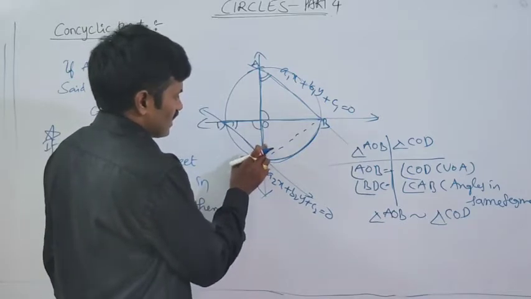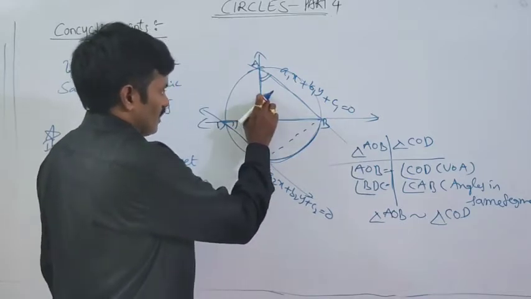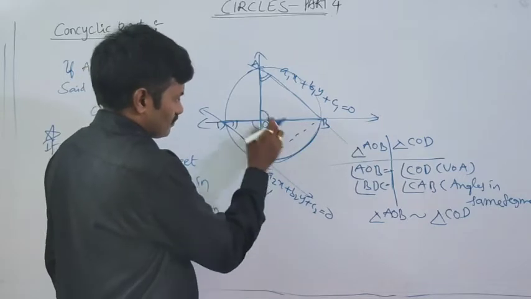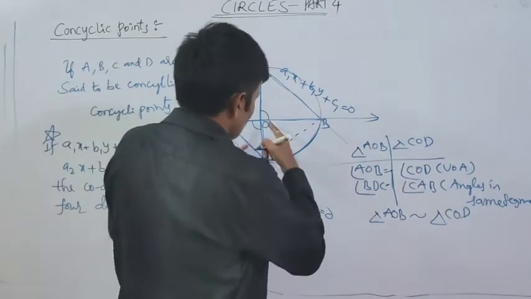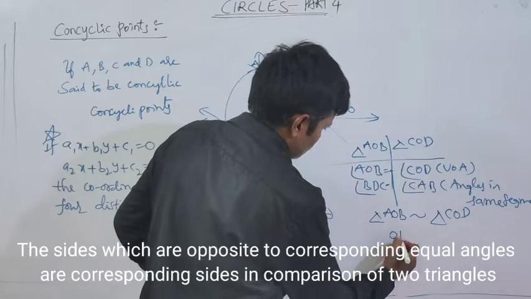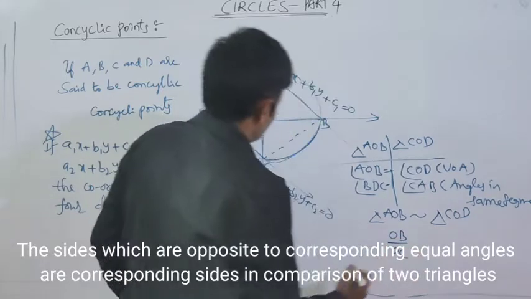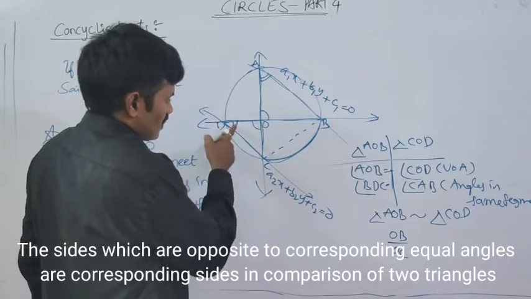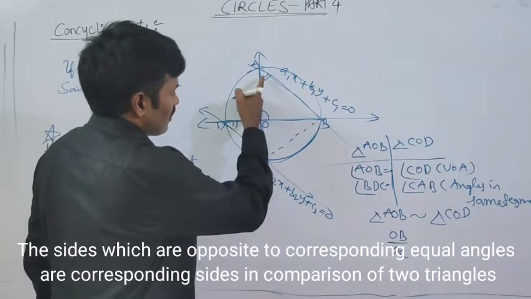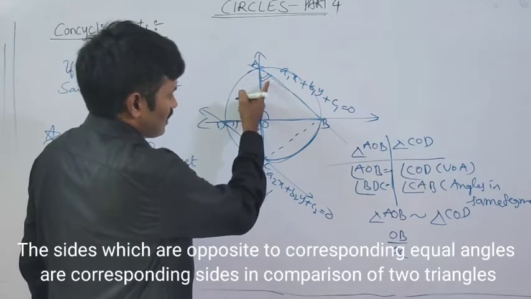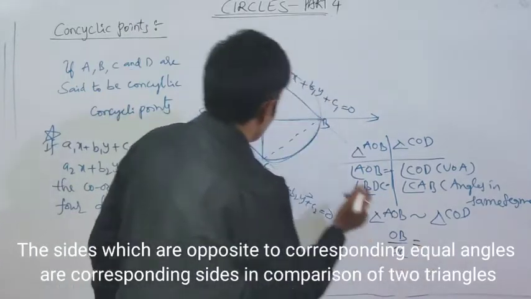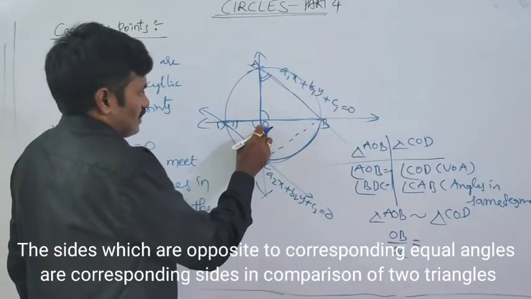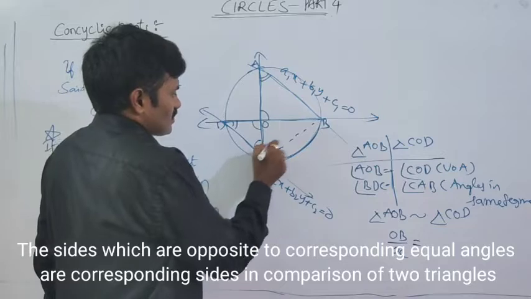In this triangle, OC by OA, OC by OB, OB by OC, because this side OC is opposite to angle D, and the side opposite to angle A is OB.